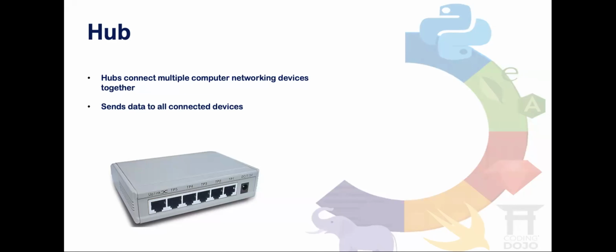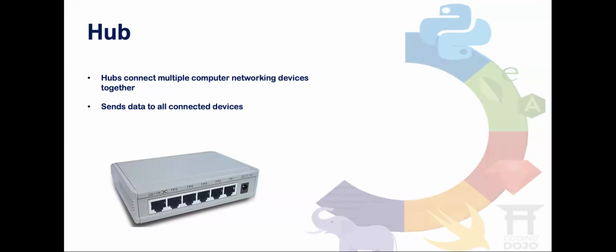So for example, if I want to communicate with Asia, Modi, and Nujud, and let's say we all have laptops, assuming there is no Wi-Fi, I'm going to connect an Ethernet cable from my laptop to the hub, and then Nujud is also going to connect another cable from her laptop to the hub, and the same as Modi. So at the end of the day, all 3 of us are connected to each other through the hub.